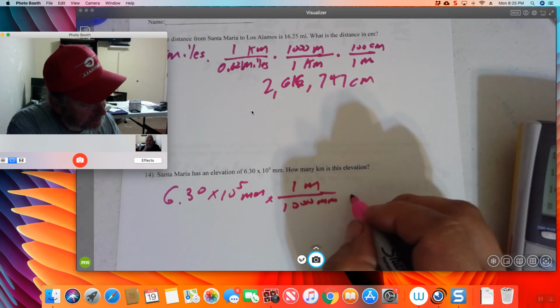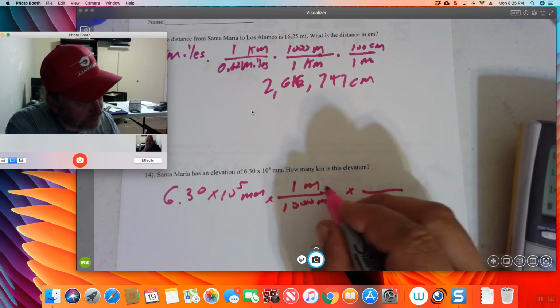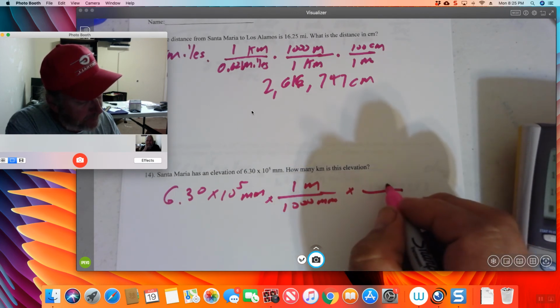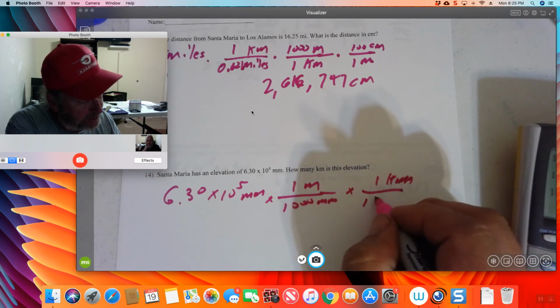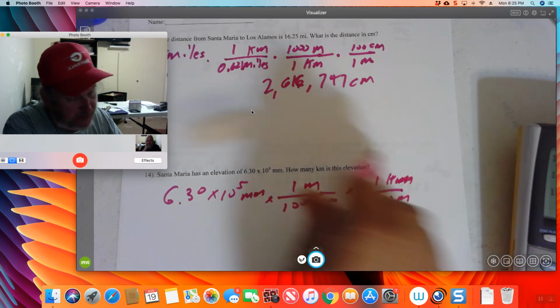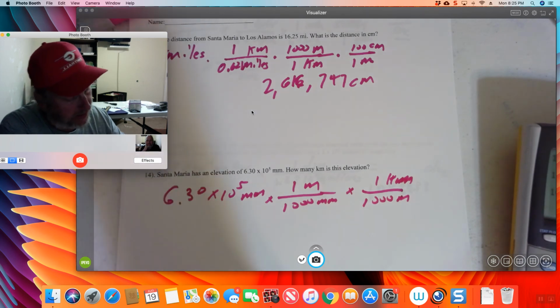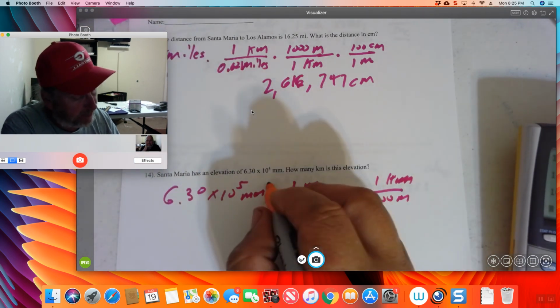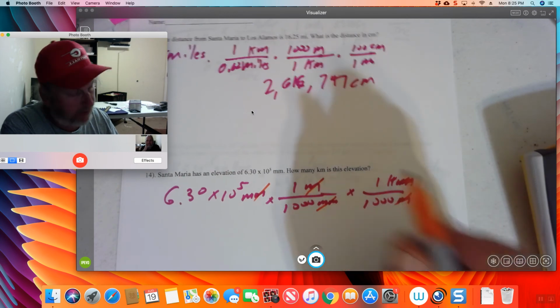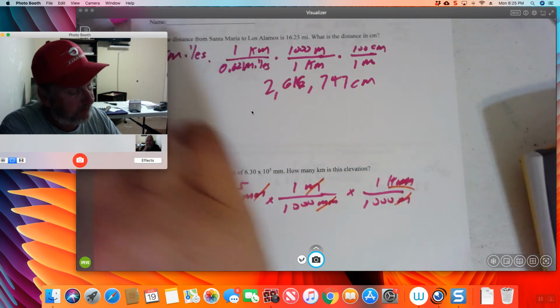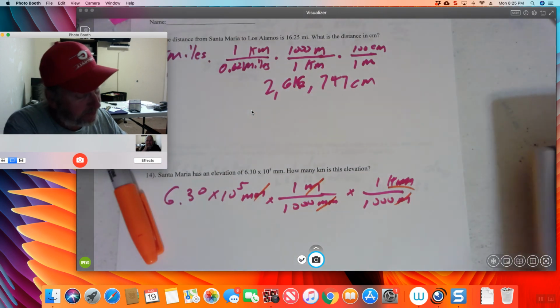It needs to go into kilometers. So this gives me my meters. In 1 kilometer, because that's a big number, there is 1,000 meters. I'll be able to cancel things out. Millimeters cancels out, meters cancels out, I'll factor it out. That's going to give me kilometers, and that's the number I want.